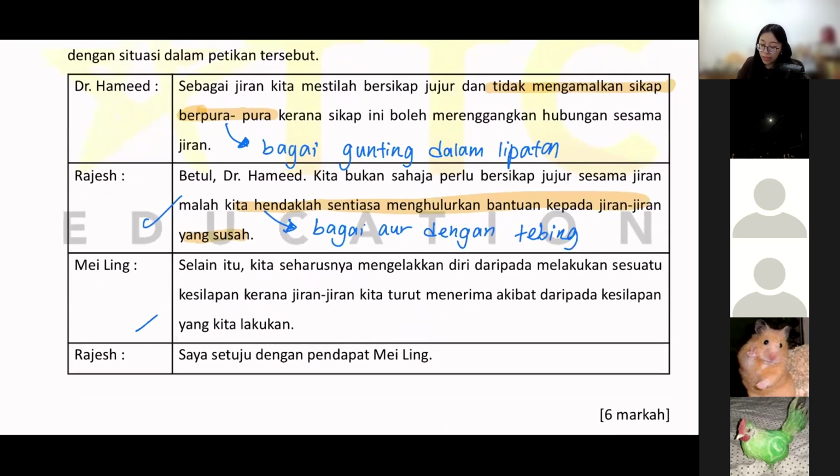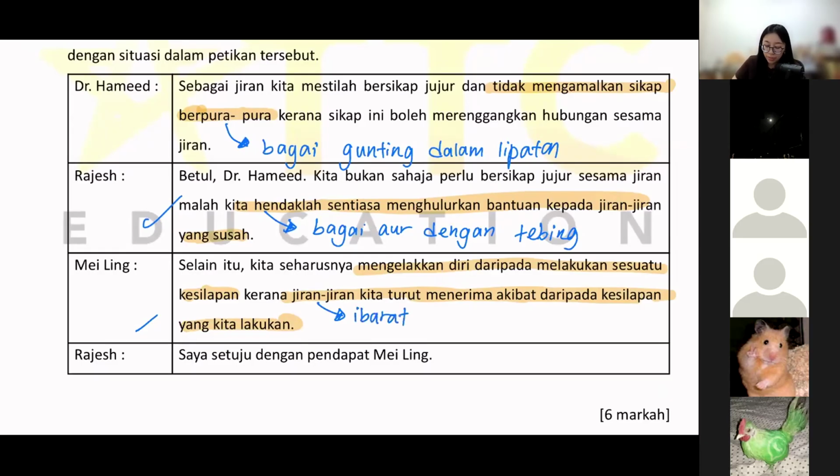Okay, now we have to avoid ourselves to do something mistake, because our neighbor will accept the effect if we do the mistake, which means one person affects the whole group. Do you have any idea for this peribahasa? If don't have, then I give you the answer already.